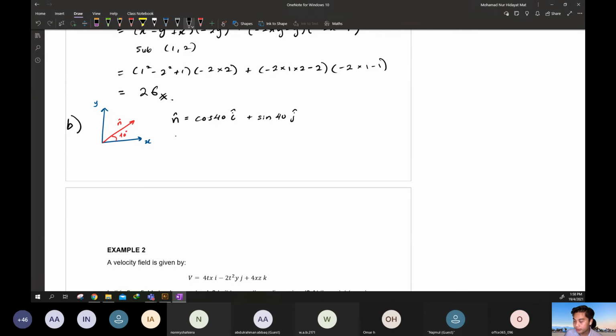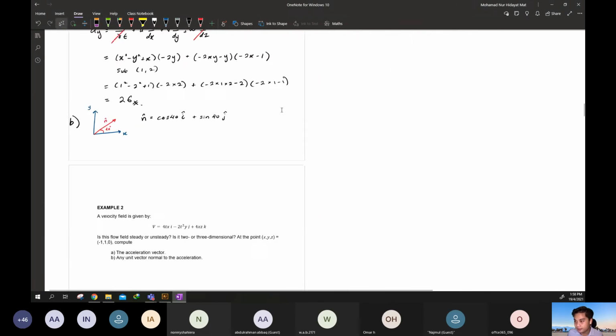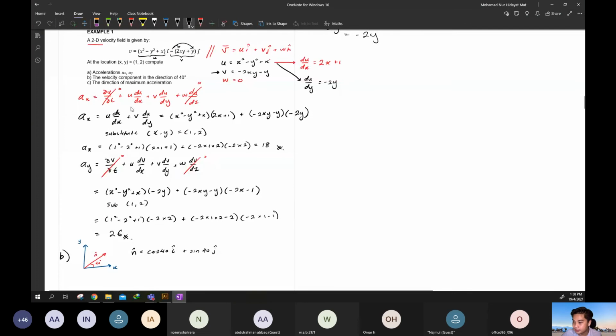It is given already in the question, right? The velocity is given, which is x squared. We can substitute with the coordinate 1 and 2, which is 1 squared minus 2 squared plus 1 in terms of i direction, minus 2 multiplied with 1 multiplied with 2 plus 2 in terms of j direction.